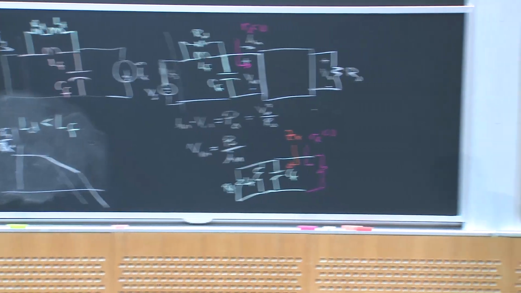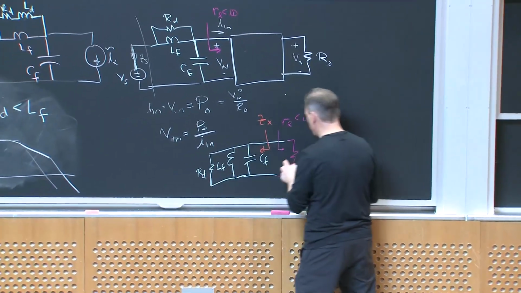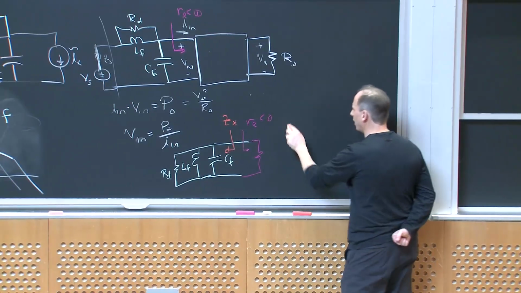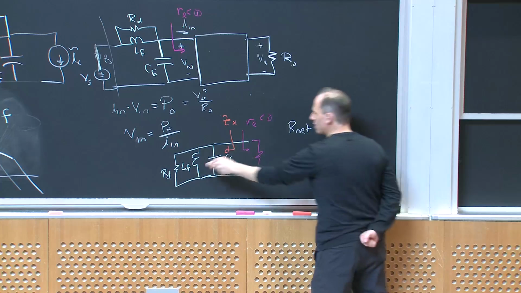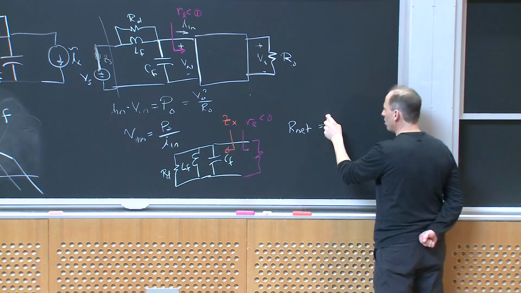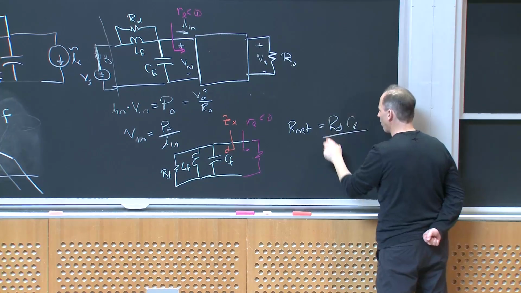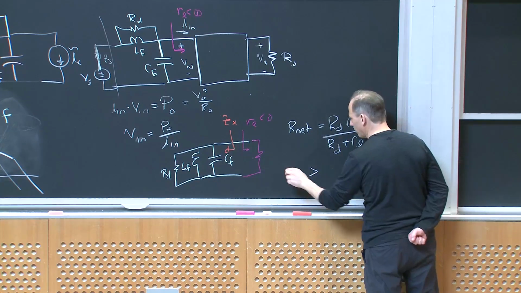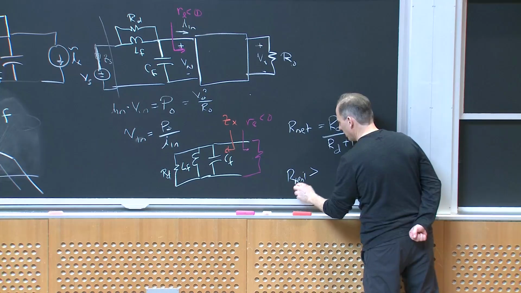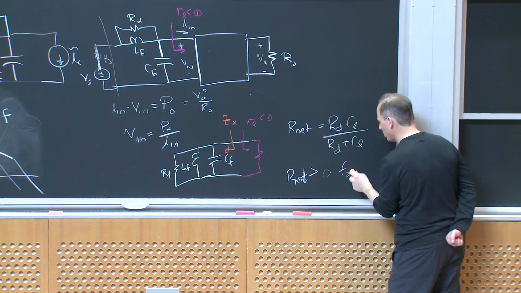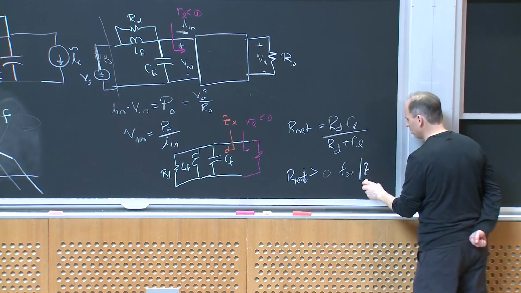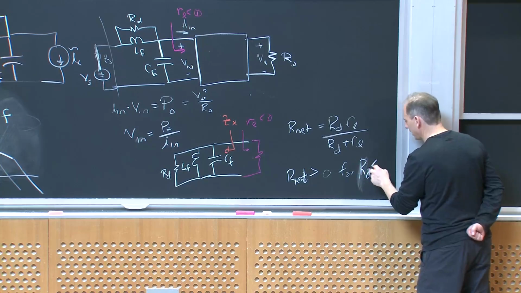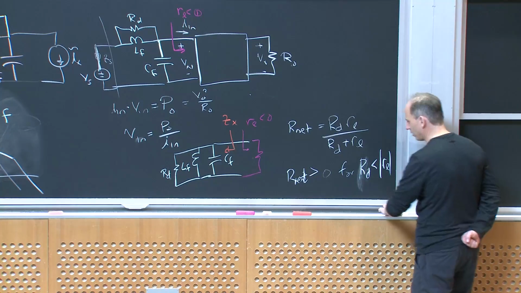All right? So what's going to be true? Well, basically, R_D and R_L in this example are in parallel. So the net resistance, R_net, the effective resistance damping the LC tank, is equal to R_D R_L over R_D plus R_L. R_net is greater than 0 for R_D less than the magnitude of R_L.